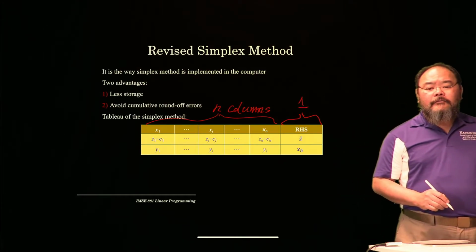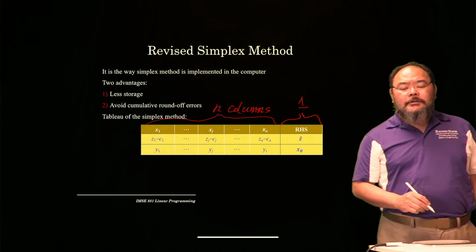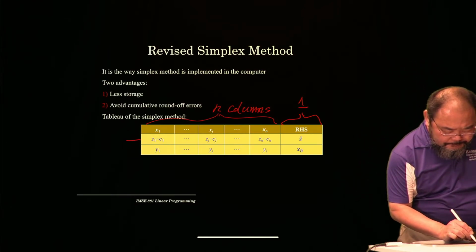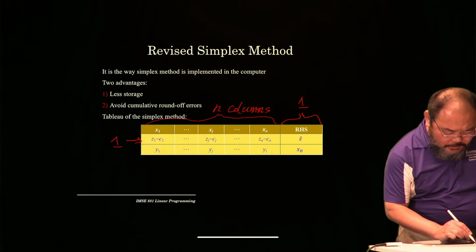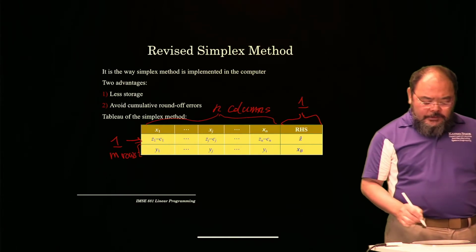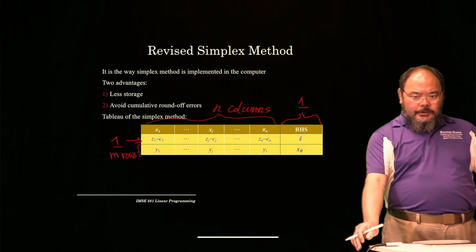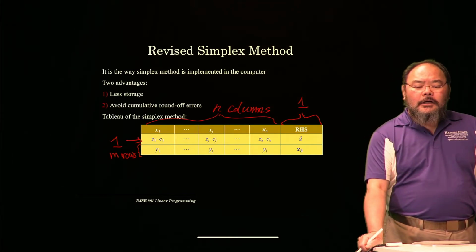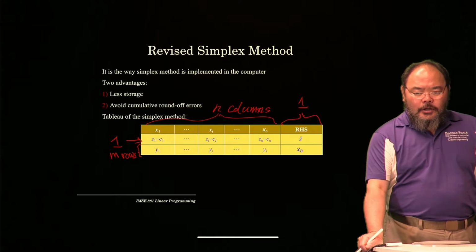So we have n plus 1 columns, and how many rows? This is one row, and down here I have m rows. So this particular matrix in the original simplex Tableau has n plus 1 columns and m plus 1 rows.